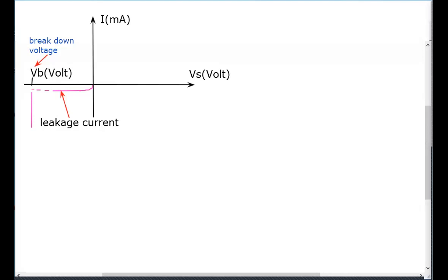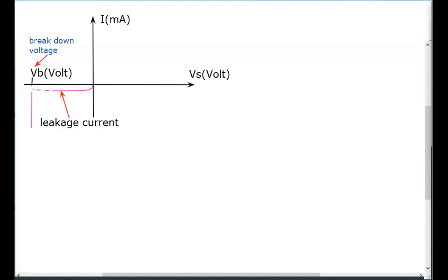The diode is burned and a huge current flows through it at a certain supply voltage.